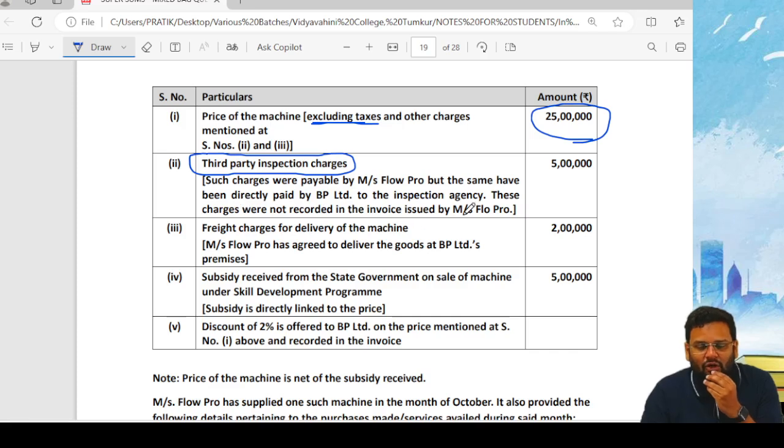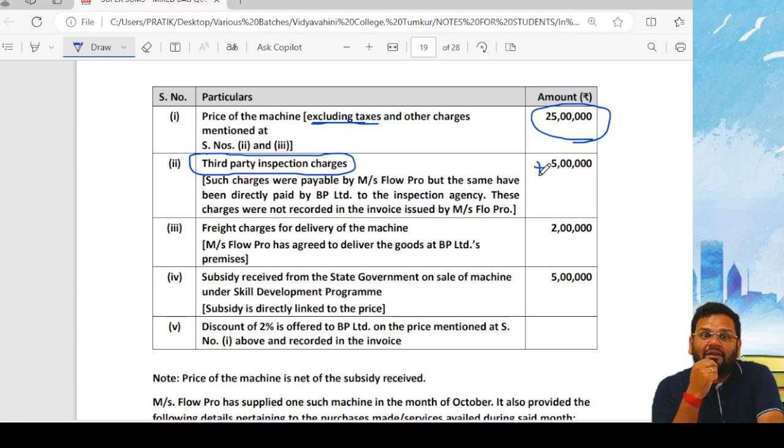These charges were not recorded in the invoice issued. What we should do with this? Add. Very good. We will add. Why we will add? Tell me which section, subsection, clause. Section 15, subsection 2, that is for inclusions, clause B. Expenses incurred by recipient of supply on behalf of supplier.